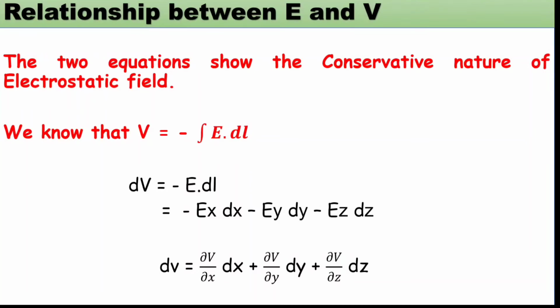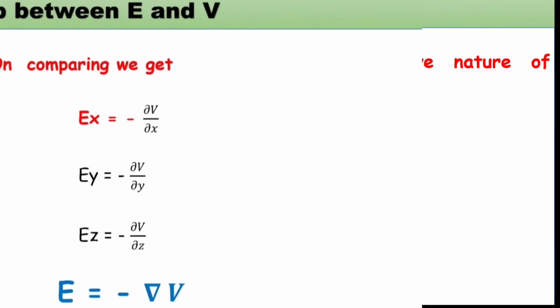Therefore we know that potential V is equal to minus integral E dot dl. Now dV is equal to minus E dot dl. So we can write it in terms of all the directions as minus Ex dx minus Ey dy minus Ez dz. Therefore dV is equal to dou V by dou x into dx plus dou V by dou y into dy plus dou V by dou z into dz.